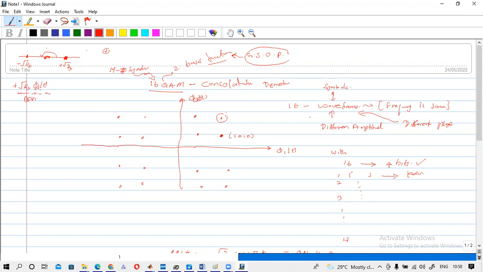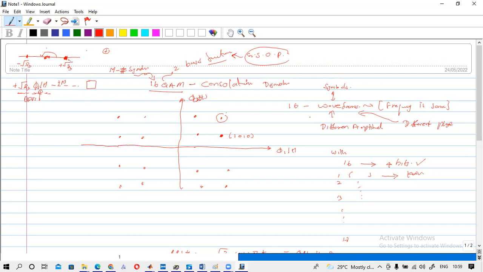You have learned this. So this is your basis function. Now when you are sending this and when you receive this, some noise will be added to this symbol, to this value. So this noise will shift the point.